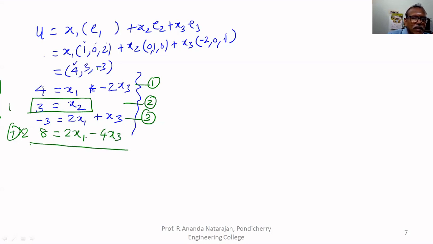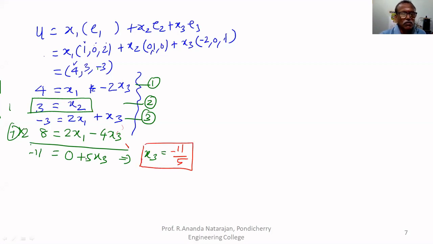Subtract this equation from this, what you will get is -3 minus 8, minus 11 equal to 5x3. This implies that x3 equal to minus 11 by 5. x3 also we got.